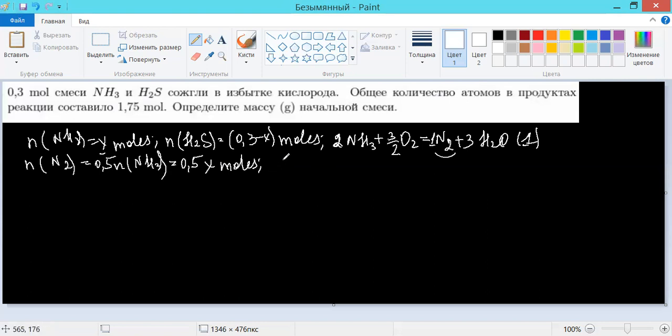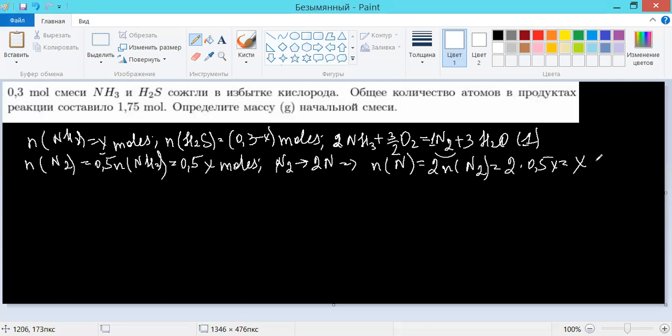For that reason, we should understand that one molecule of N2 contains two atoms of N. For that reason, we can write that the amount of N atoms equals twice that of the molecules. And that means we should multiply 2 by 0.5x. That gives x moles. This is the amount of N atoms.